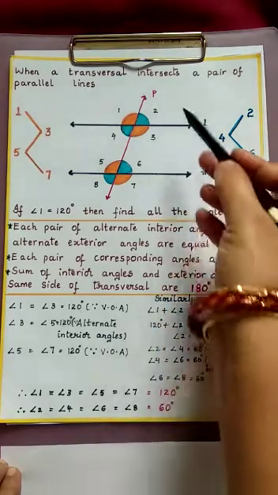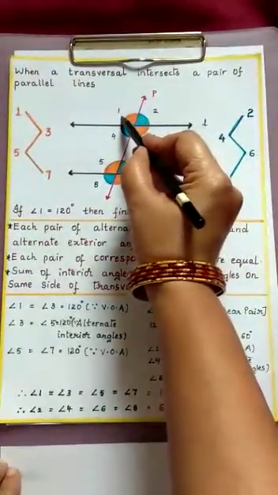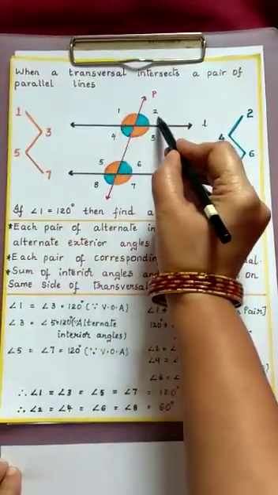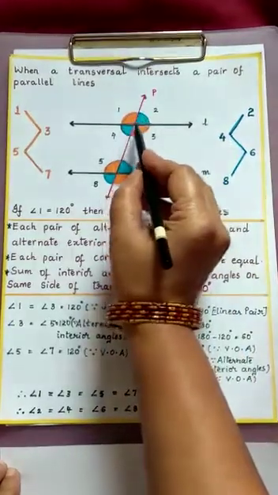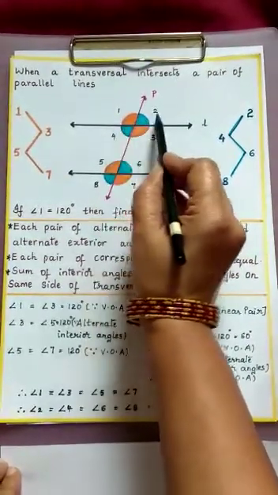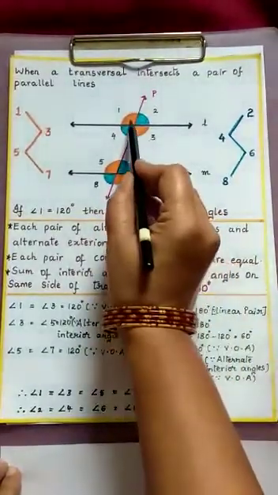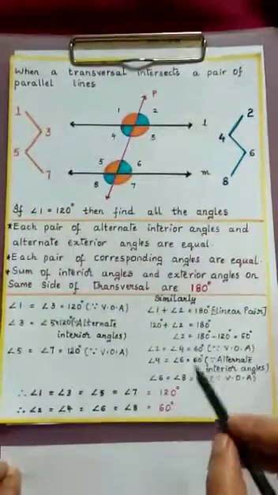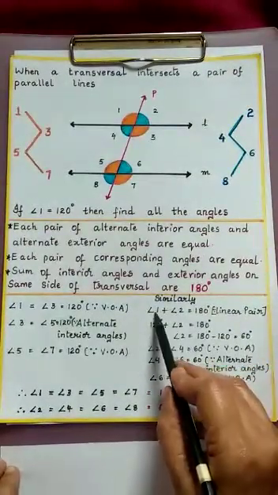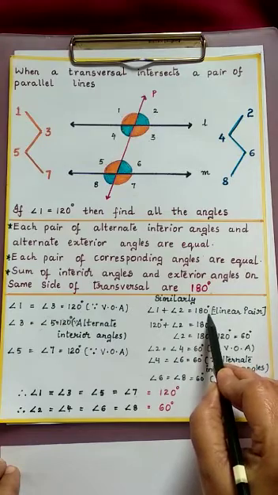Now let us find the remaining four angles. We know angle 1 is 120 degrees, but we don't know angle 2. Can you observe what kind of angles these are? Here angle 1 and angle 2 together form a linear pair. What is the sum of angles in a linear pair? The sum of angles in a linear pair is equal to 180 degrees.